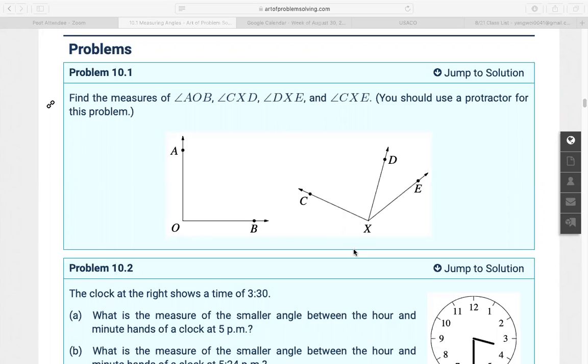DXE, I don't believe that's about 45. I think that's about 40 degrees, maybe more than 30. Okay, so now let's see. How about CXE? How about CXE?